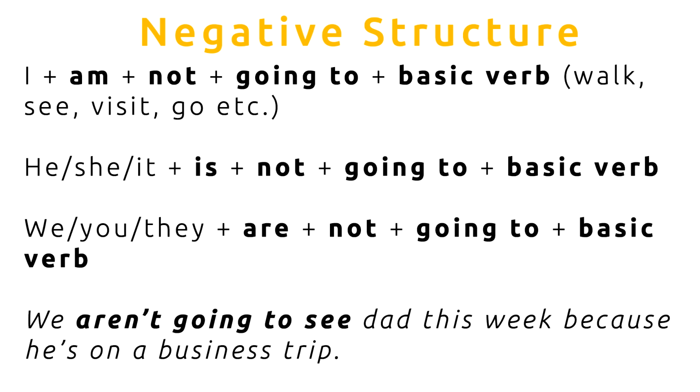And for we, you, and they, we use are plus not plus going to plus a basic verb. For example, we aren't going to see Dad this week because he's on a business trip. Notice the contraction as well. Are not becomes aren't. We'll look at more contractions in the next lecture.